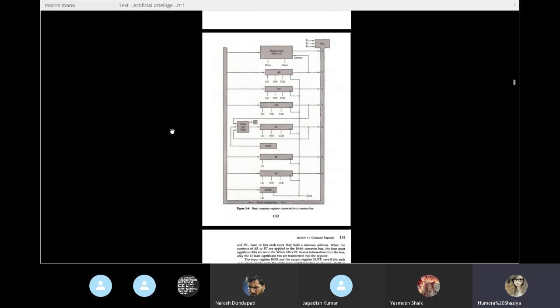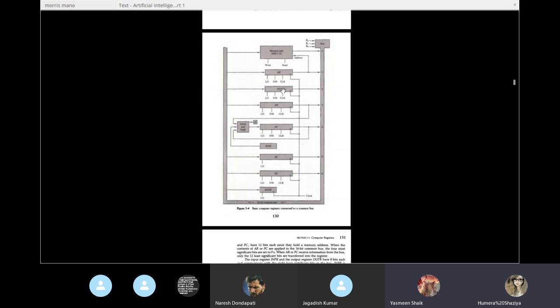When PC wants to send something to AR, what will PC do? PC will specify that it is sending the data to AR. Then here LD is there, no? LD, INR, CLR, all these. To this LD, the timing output is connected as input to these registers.